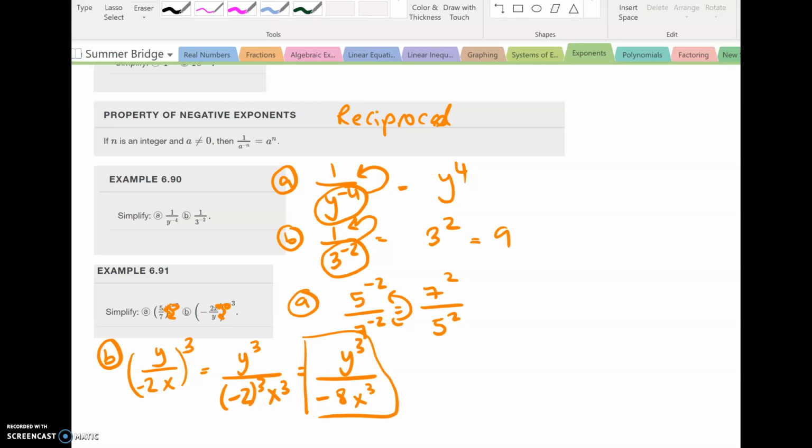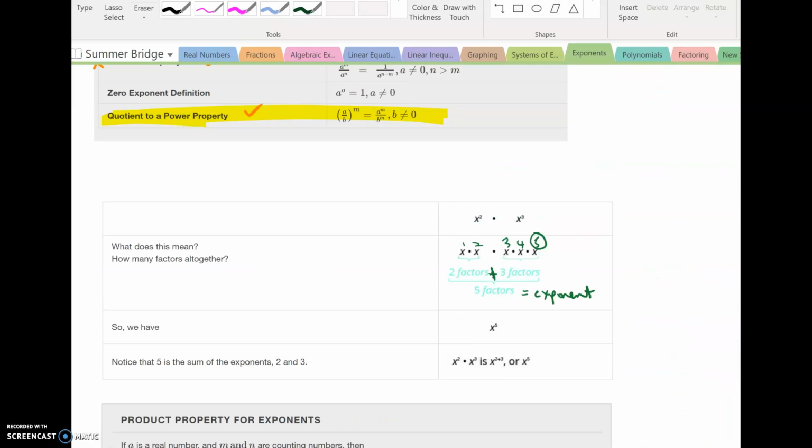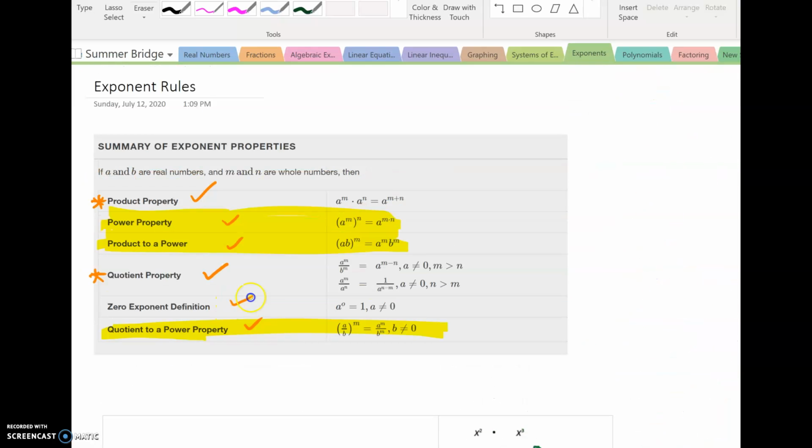Okay, so I'm going to go back to the top here. Okay, we've talked about everything. We've talked about the zero definition. The only thing that's not listed on here that I am going to list on here is the negative exponent property. And that was kind of a twofold thing.